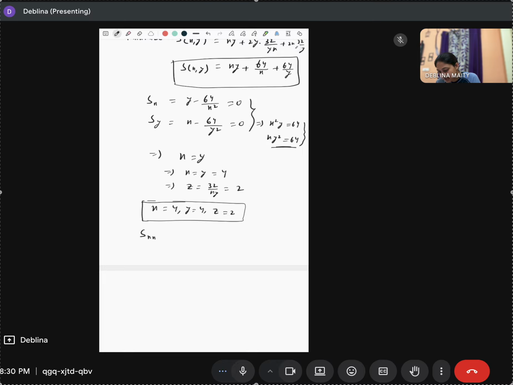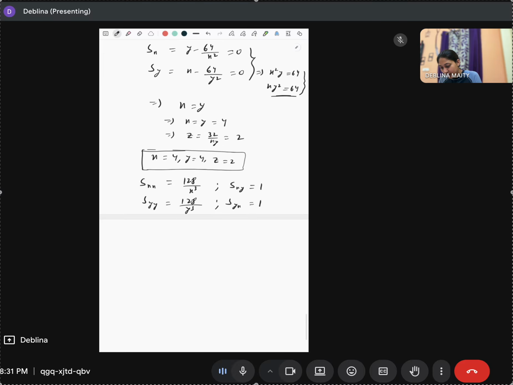Sxx is 128 by x cube, and Syy is 128 by y cube. Sxy is 1 and Syx is 1.